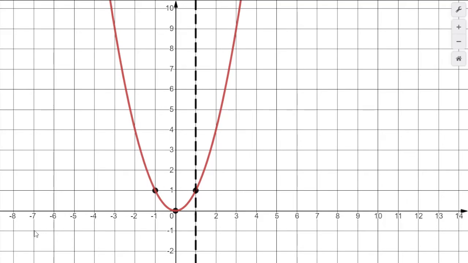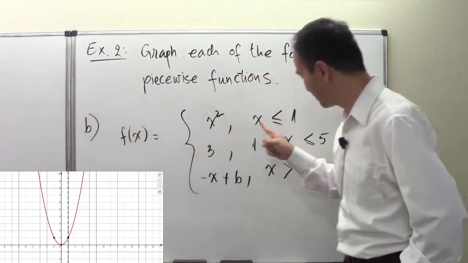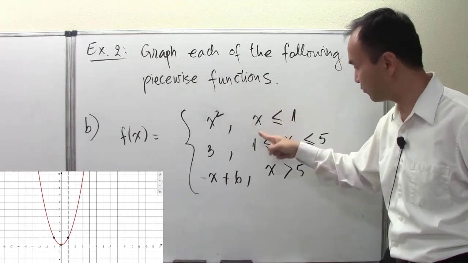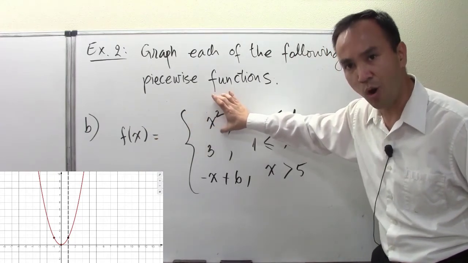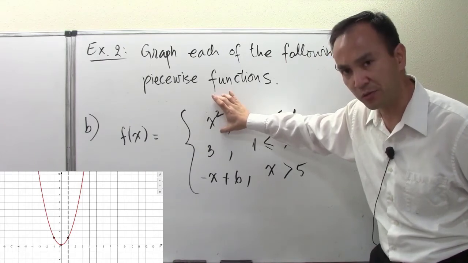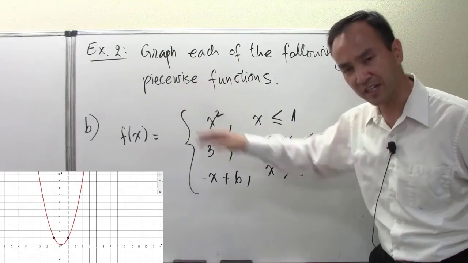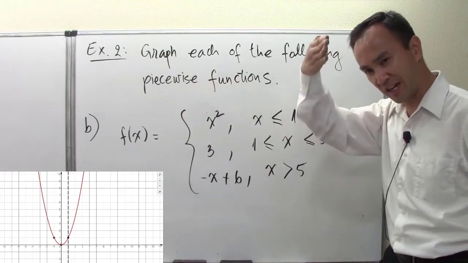We are only taking the portion of the graph that is to the left-hand side of 1 because of the inequality. This graph is only a parabola for x anywhere on the left-hand side of x equals 1, and x equals 1 is that vertical line.